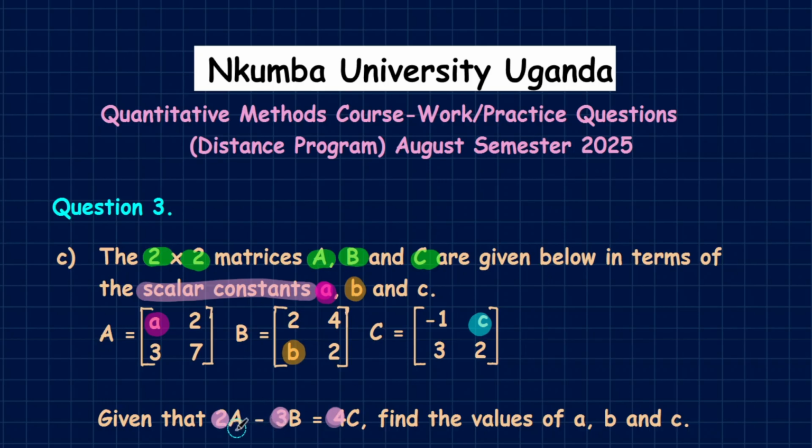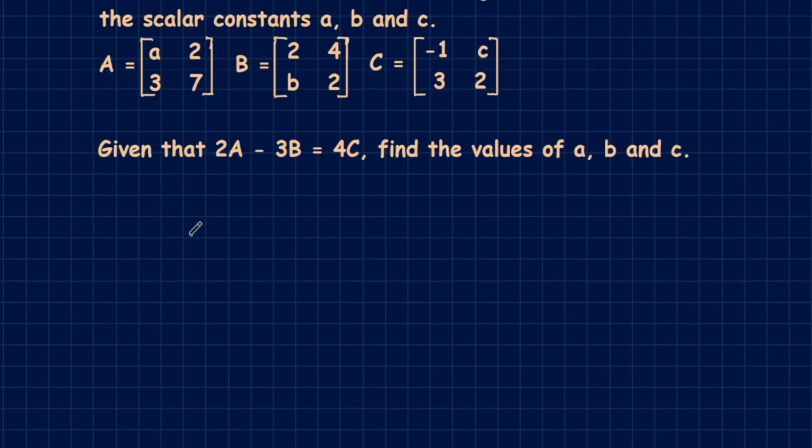Since we are given these matrices, this becomes an equation in matrices. It looks a little complicated, but if you follow the steps, everything is very simple. Let us take a look at the solution. How do you start?